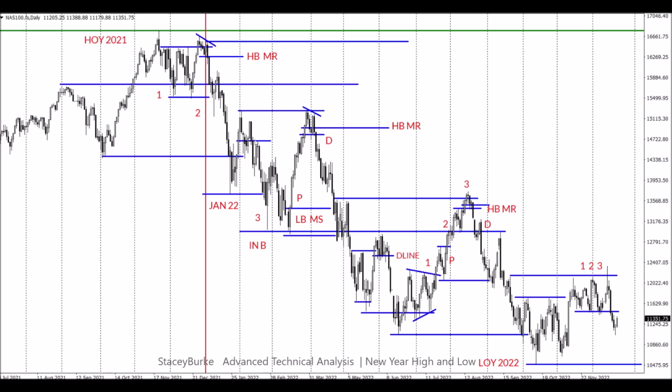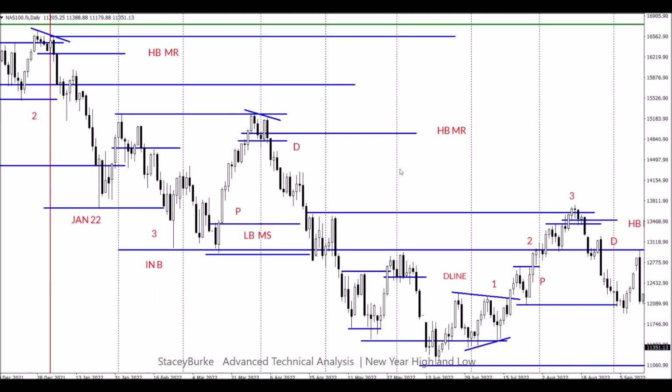The market continued to break lower. Into the new month, we have 1 push, the push to the low, the breakout forms our first push. The new month forms 1 push, 2 push, 1, 2, 3 engulfment on the third push. Third push engulfments typically will be low bear major support or high bull major resistance.